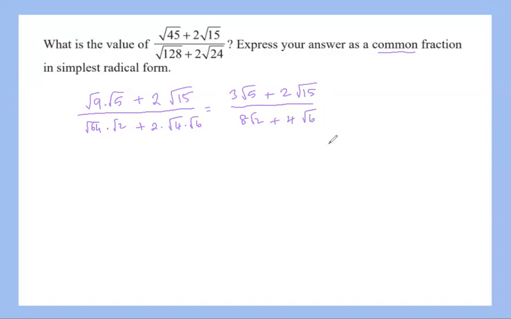So at this point, there are a couple of ways you can attempt this. First, maybe you see root 2 and root 6. I can pull those root 2's because root 6 can be written as root 2 times root 3. And then you have the numerator with root 5 and root 5 times root 3.